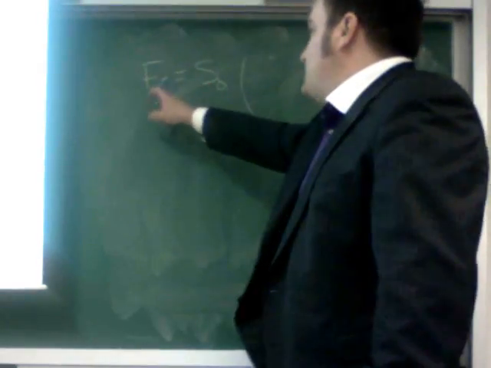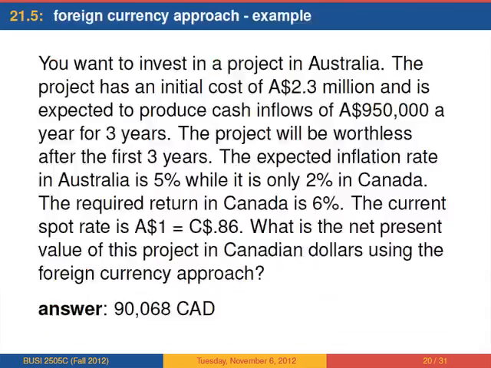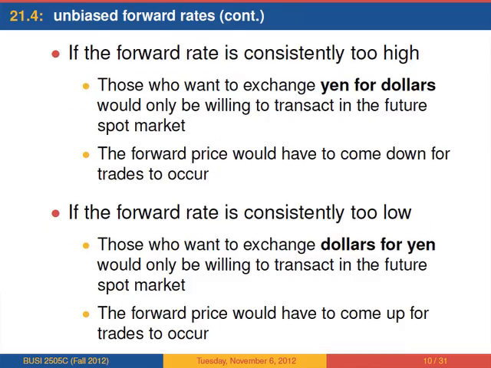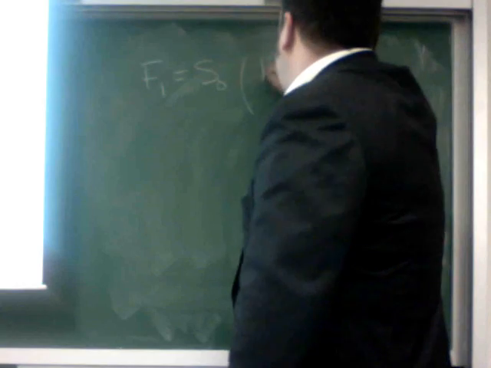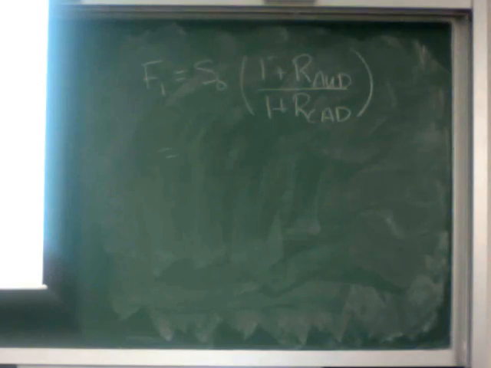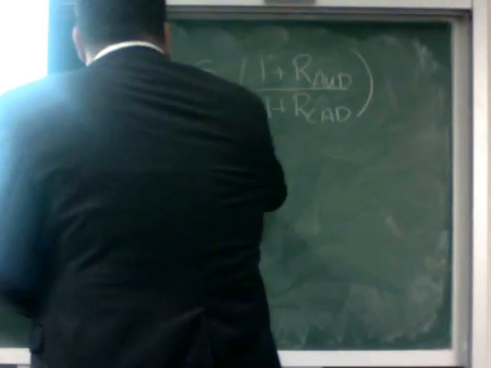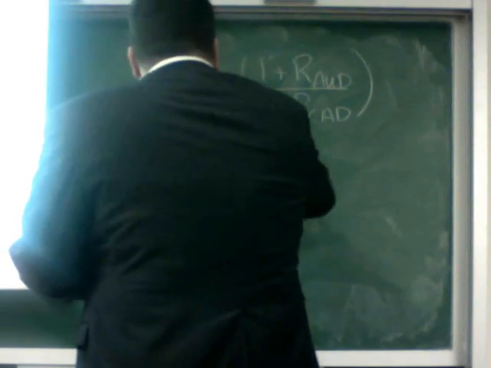Well, normally it's written as F1 divided by S0, but I'm just going to write it as F1 is equal to S0, 1 plus R AUD divided by 1 plus R CAD. So the spot rate is 1.015.